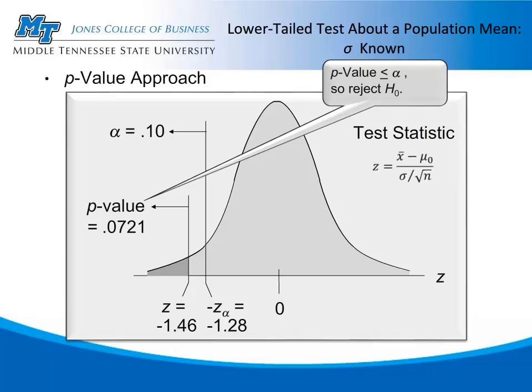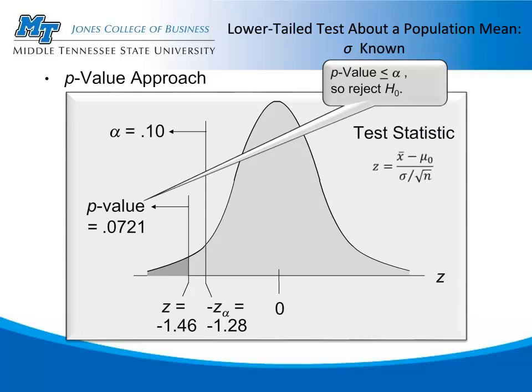Now down at the bottom on that z-axis, the number that's furthest to the left says z is equal to negative 1.46. That number is the computed value. When they plugged the values into the formula, they came up with a negative 1.46.